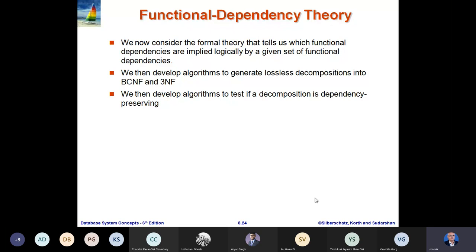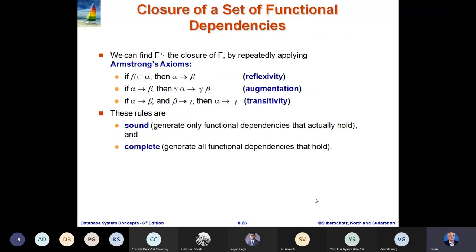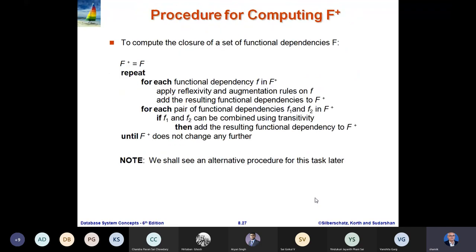Again, remember that if I decompose R into R1, R2, and then R1 further into R11 and R12, and R12 into R121 and R122, then R11, R121, R122, and R2 will be my final set of schemas. The intermediate ones, of course, will not be there in the database. So that is what we need to do, and we'll see some examples in tomorrow's class.